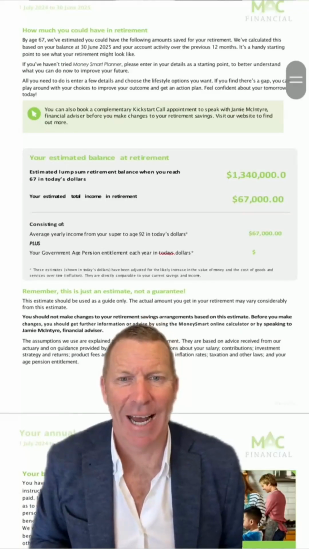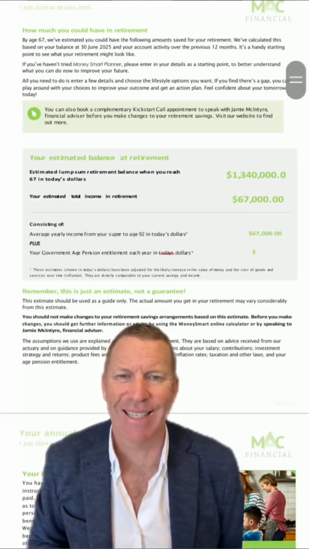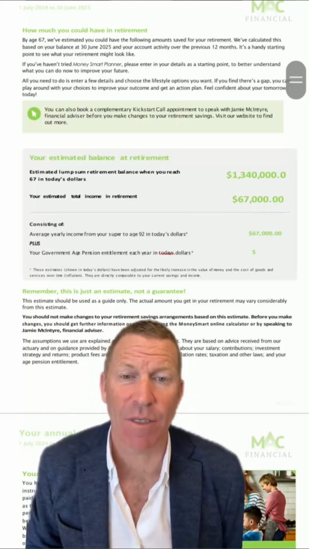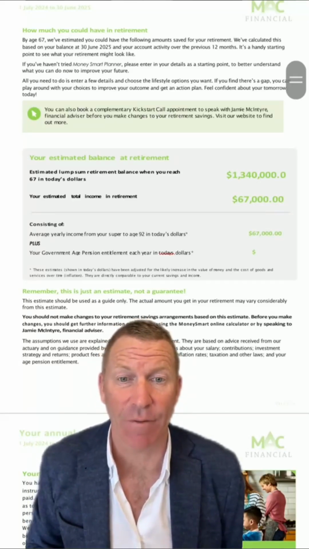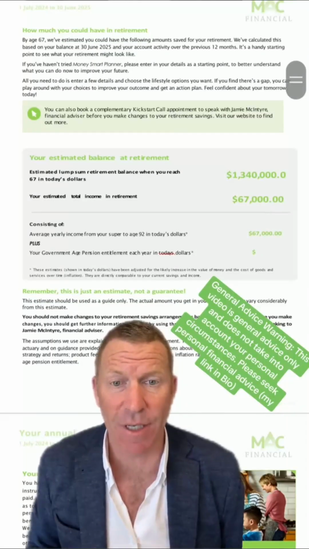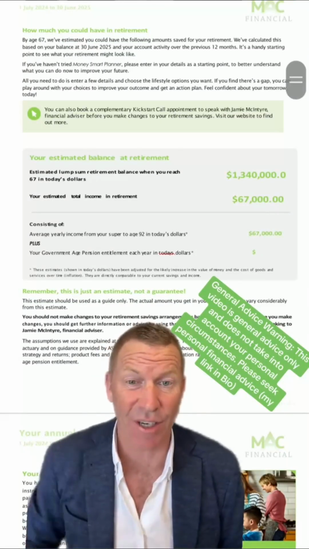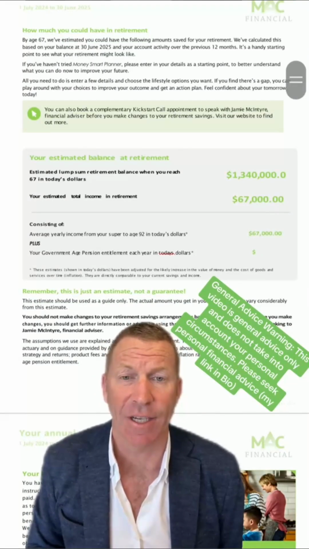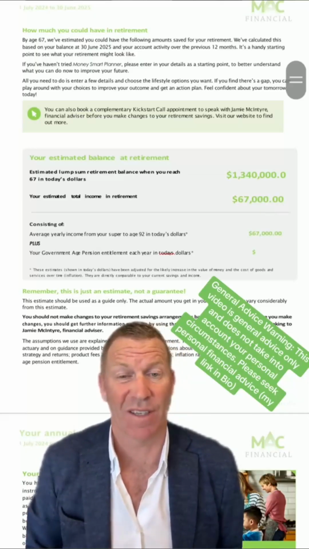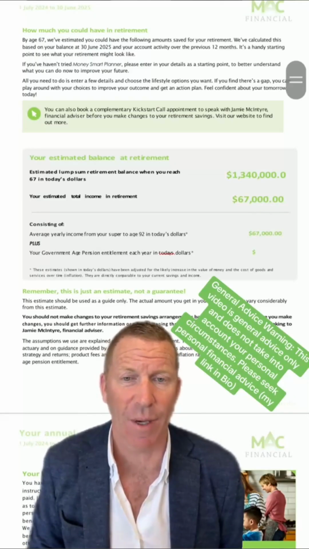Another good piece of data that most superannuation funds are now putting into their statements is this page here, where it gives an estimate of how much money you're likely to have in retirement. It's based off some really basic assumptions. It assumes that you're going to retire at 67, that you're going to stay invested in the same investment option, and that the same amount of contributions are going to go in each year.